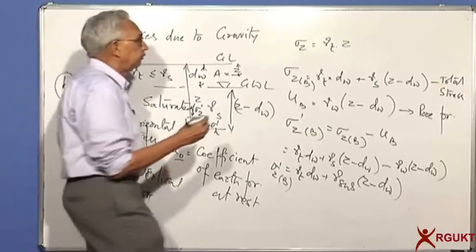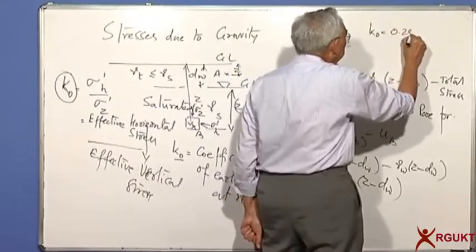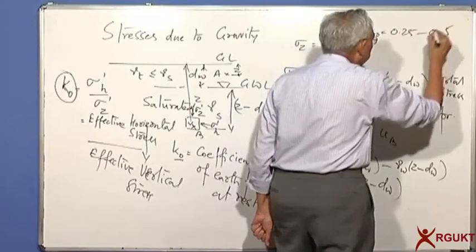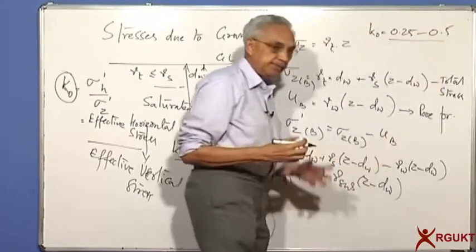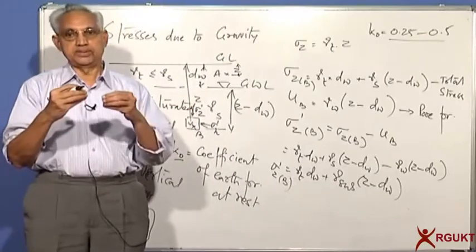K0 usually varies from around 0.25 to about maximum 0.5. Now that tells you the relation between the vertical stress and the horizontal stress.